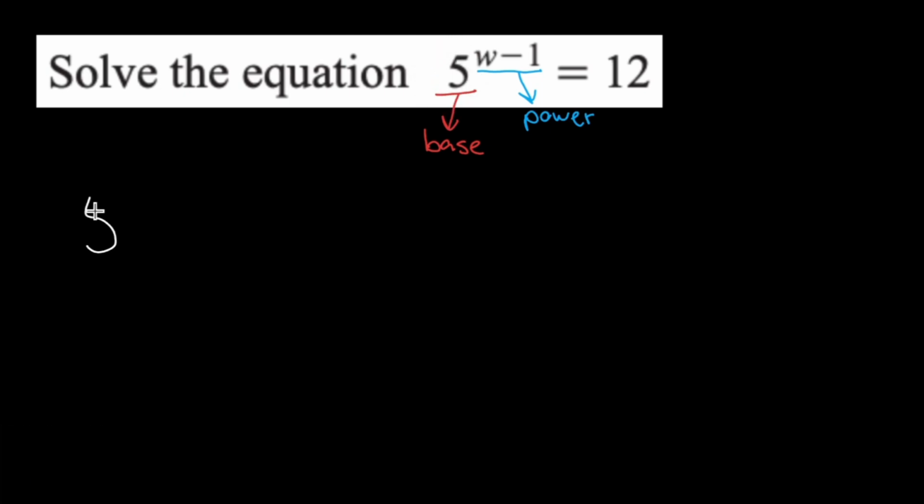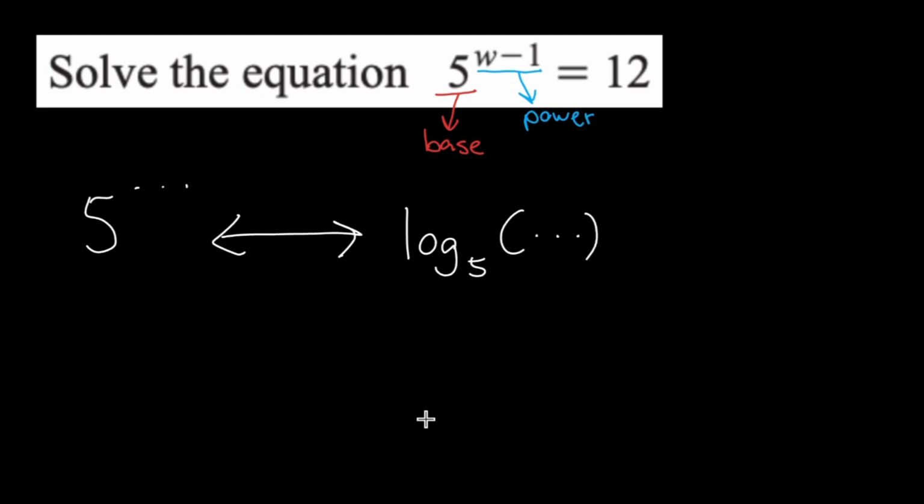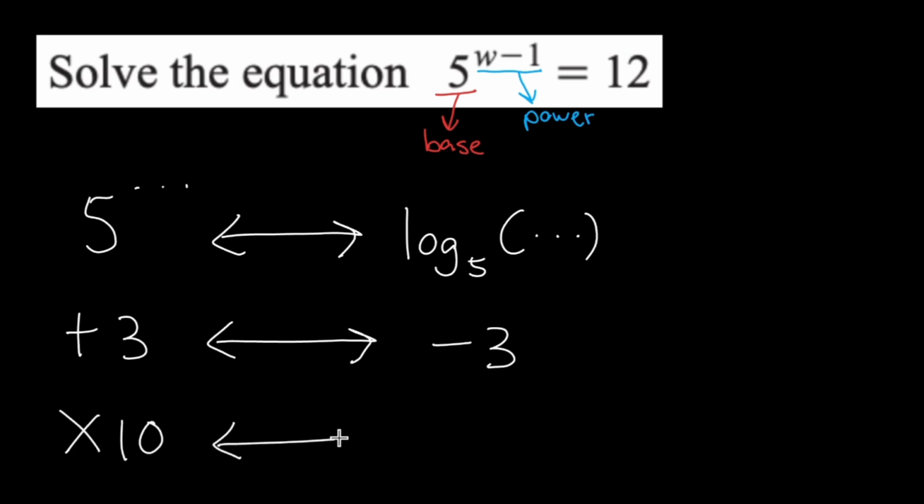Now, an exponential base is the exact opposite to a log base, as shown here. In the very same way that plus 3 is the opposite of minus 3, and times 10 is the opposite of divide 10, this exponential base 5, right, so 5 to the power of something, is the opposite of log base 5 of something.